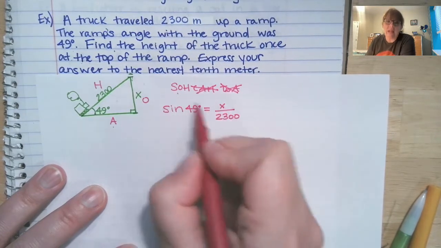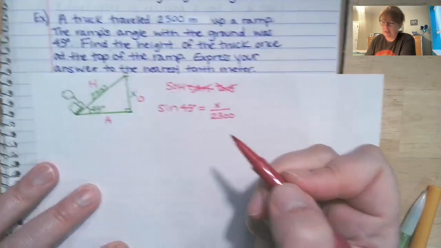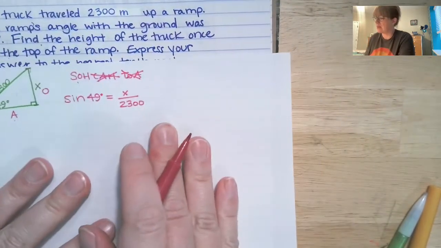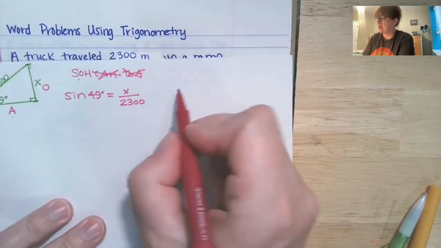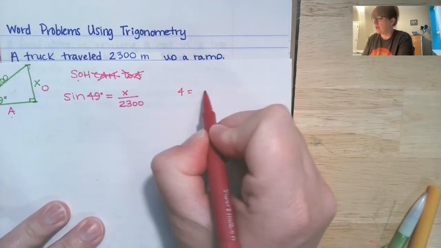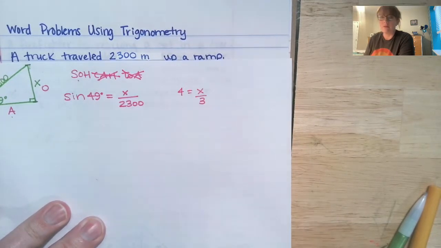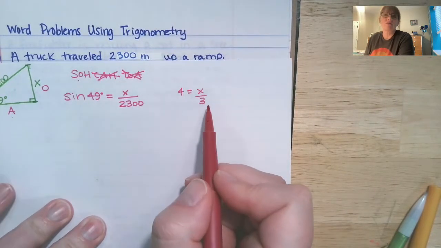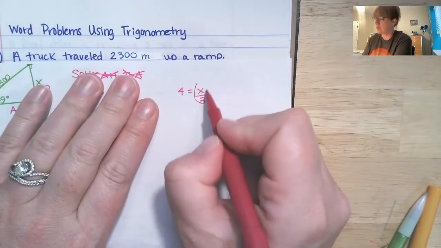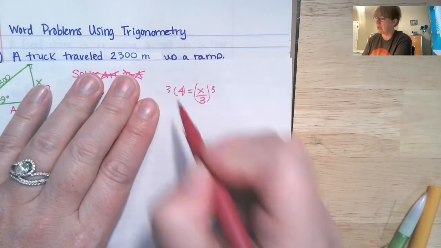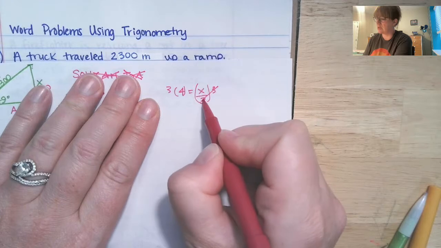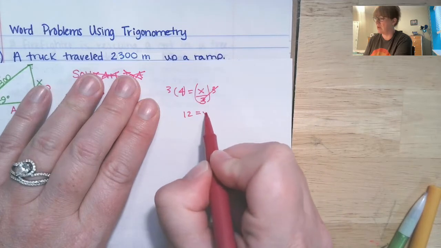Now, sine of 49 is just a number, okay? So if I were to give you, let's make it something more simple, 4 equals x over 3, for example, you could solve this no problem, right? There's two different ways. We can multiply each side by 3, undo the division, so we would get 12.